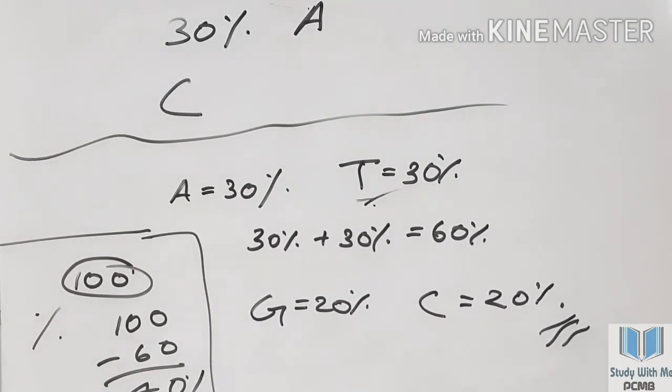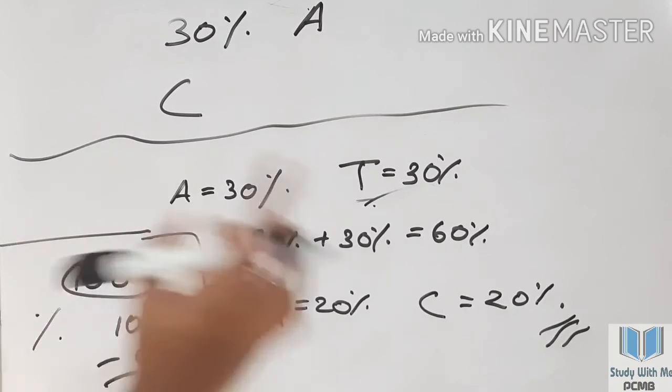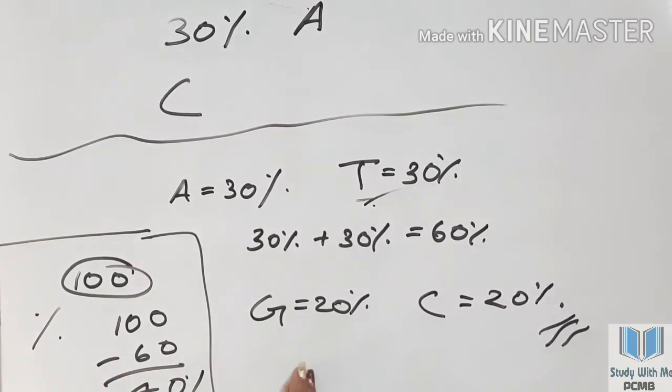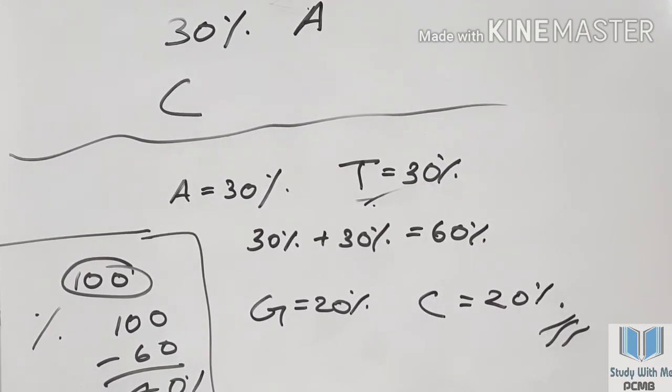So the rest is 40%. The quantity of guanine and cytosine must be equal, so the 40 will be divided. 20 will be here, 20 will go there. So total there are 40, here 60, 100. This is done. This type of question you can expect in exams.